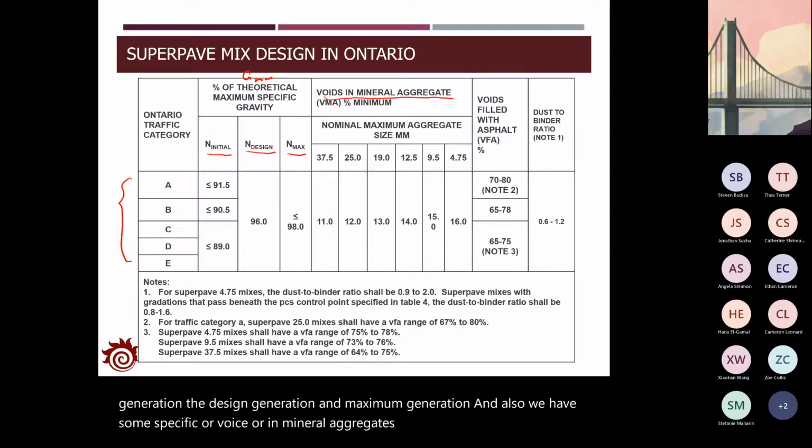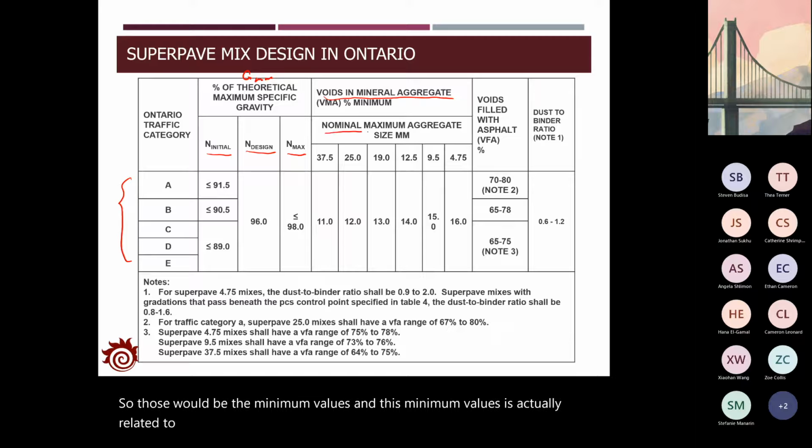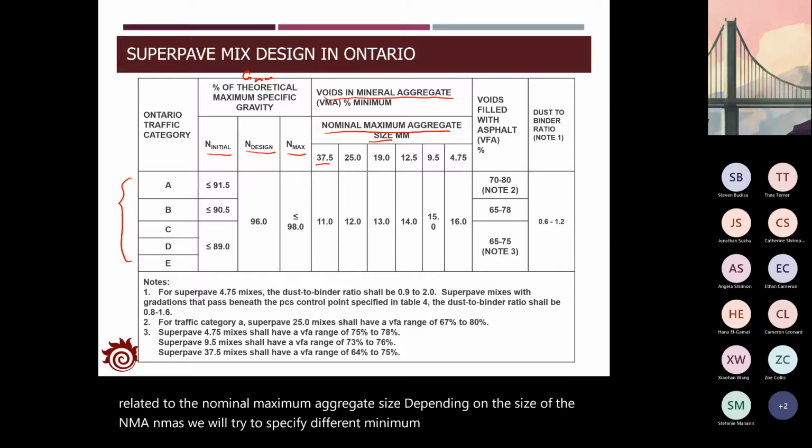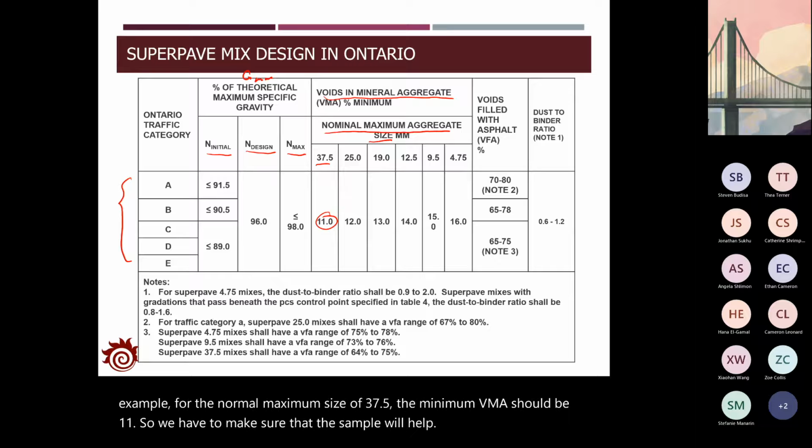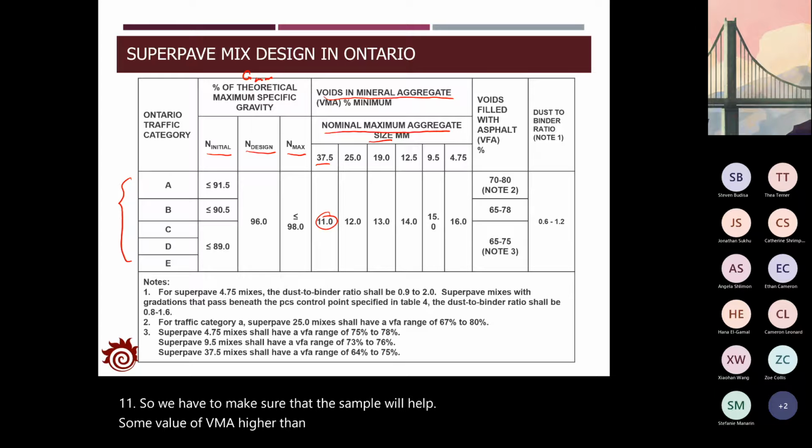Those would be the minimum values, related to the nominal maximum aggregate size. Depending on the NMAS, we specify different minimum values of the VMA. For example, for the nominal maximum size of 37.5, the minimum VMA should be 11. So we have to make sure that the sample has a VMA higher than 11%.